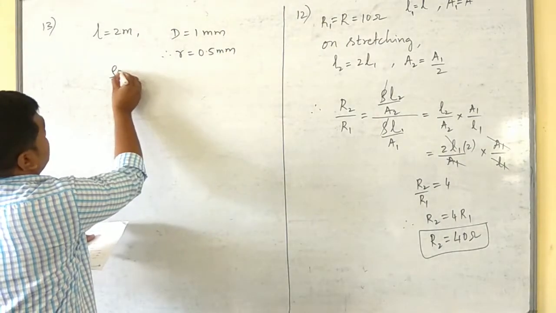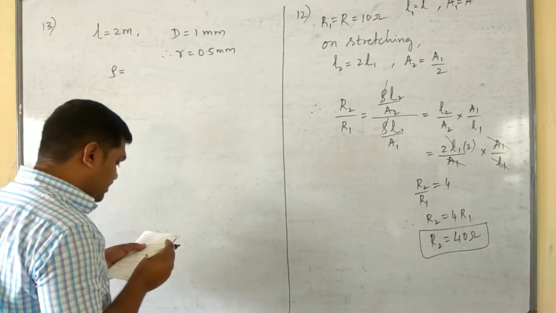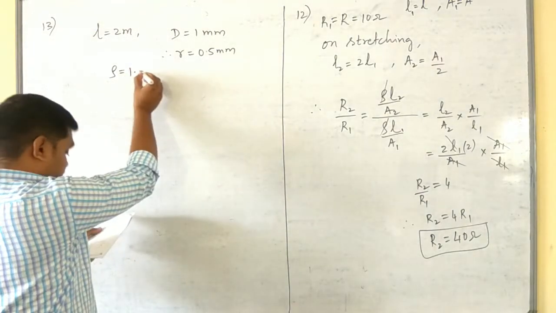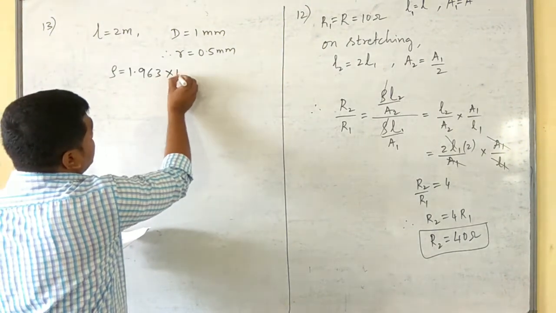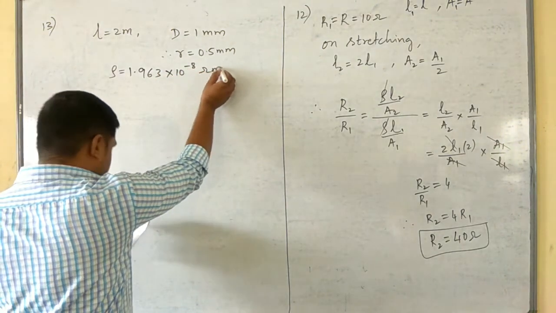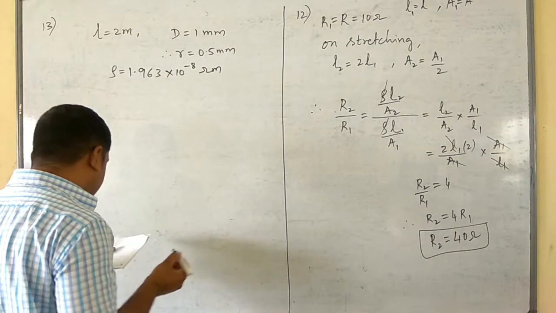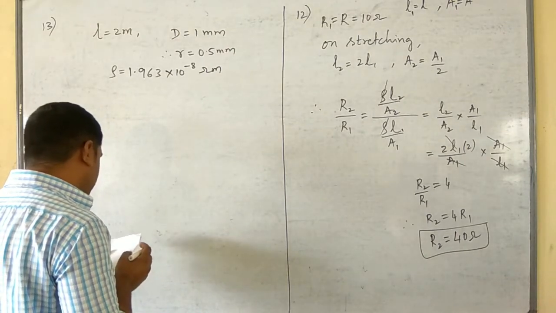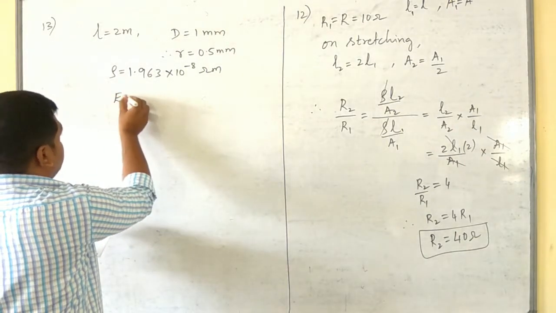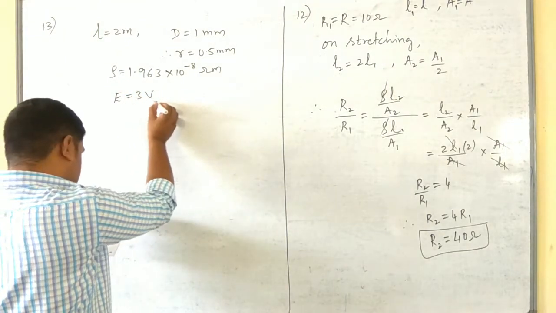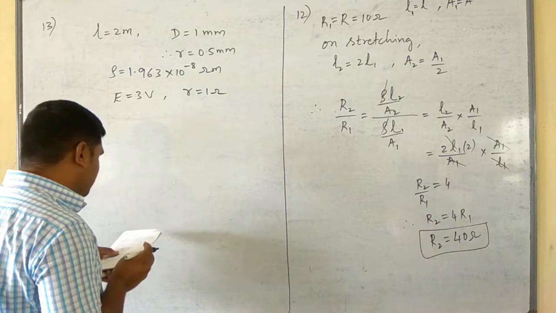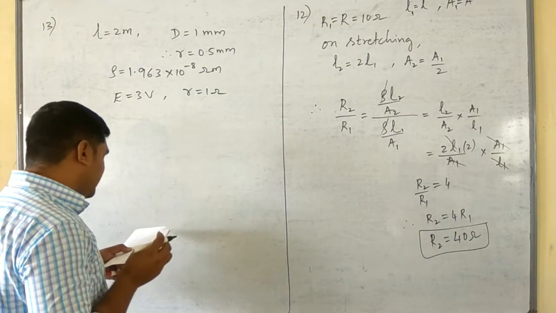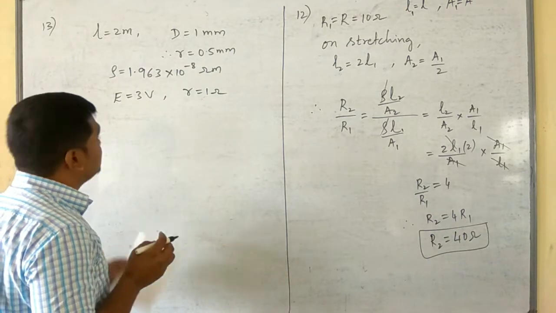Resistivity is given, resistivity is 1.963 into 10 power minus 8 ohm meter, connected in series with a battery of EMF 3 volt and internal resistance 1 ohm. Calculate the resistance of the wire and current in the circuit. Okay.